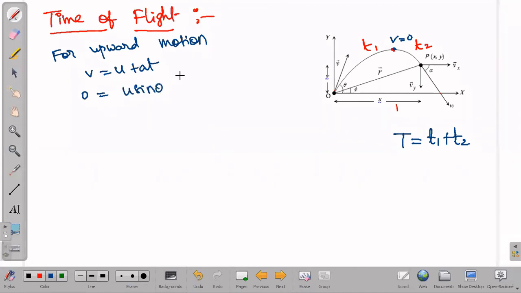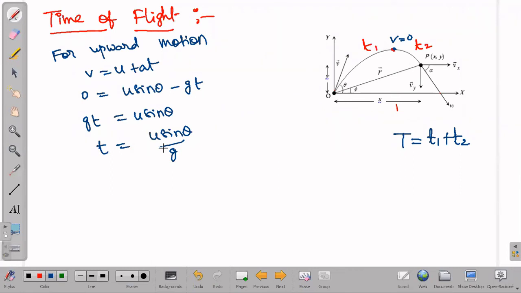Next, minus gt, because a becomes minus g when it is going up. Bringing it to the left side, gt is equal to u sine theta. Now t is equal to u sine theta by g. That is the time; I am considering it as t1.